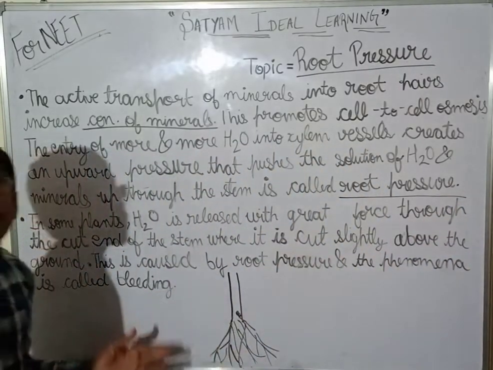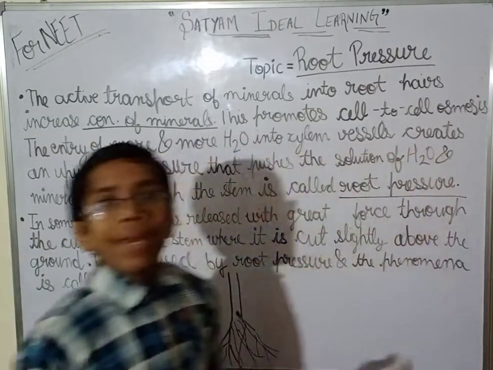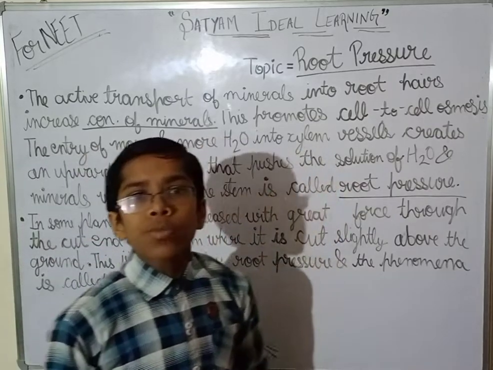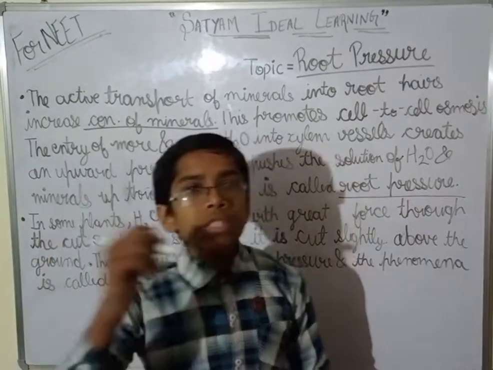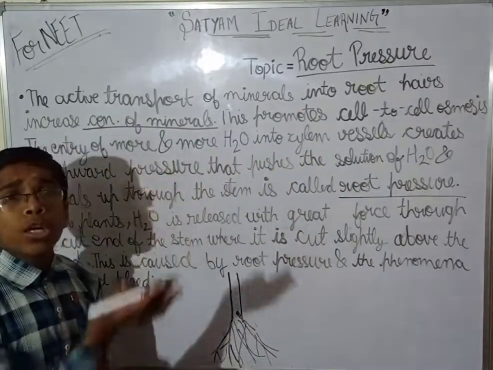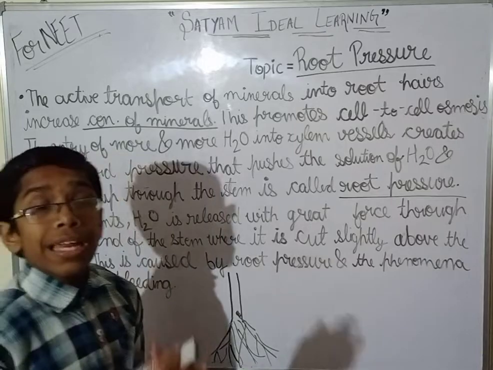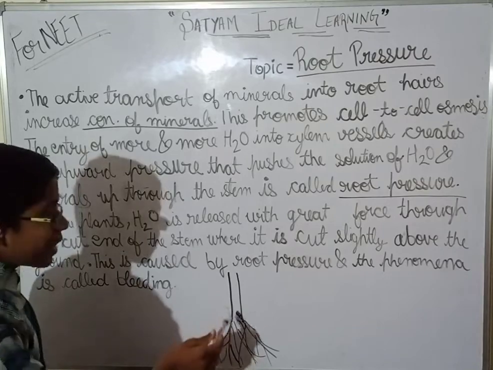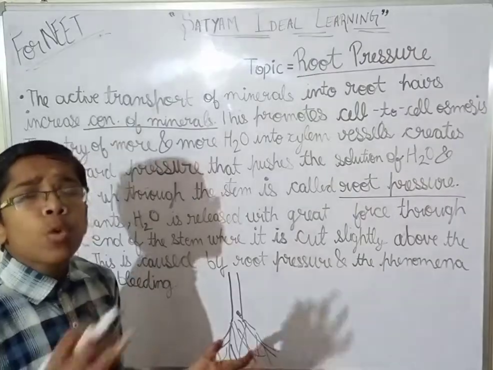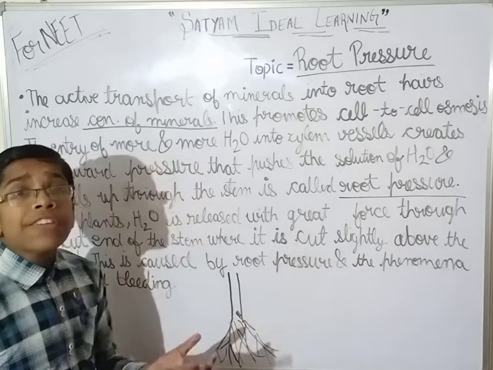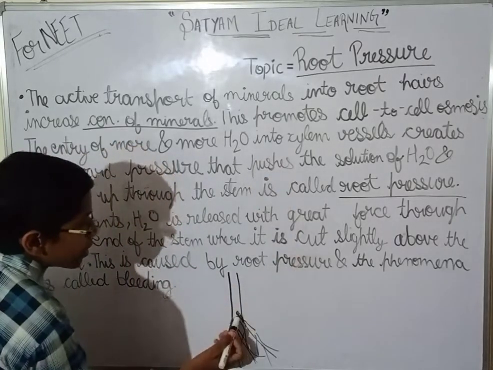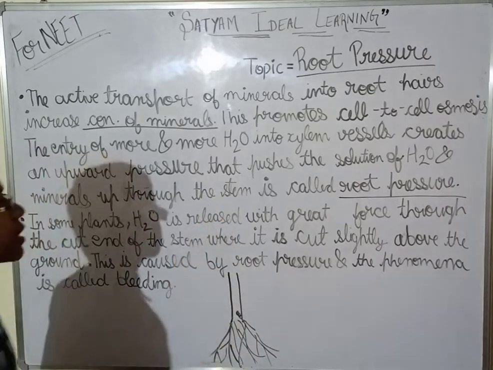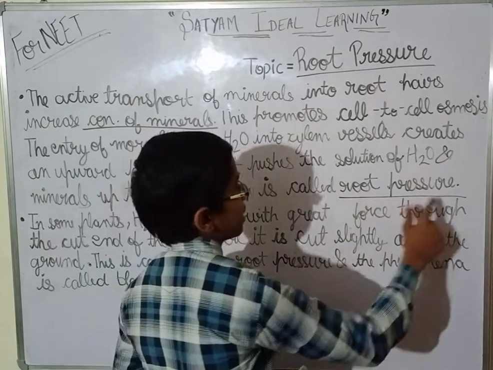Due to active transport, mineral concentration is more in the root hairs and then there is cell to cell osmosis, because a solvent goes from a higher concentration to a lower concentration. Then it goes into the root tissues, and the water goes into the xylem vessel. When more and more water comes into the xylem vessel, it creates an upward pressure, and then the water dissolved minerals go upward. This is known as root pressure.